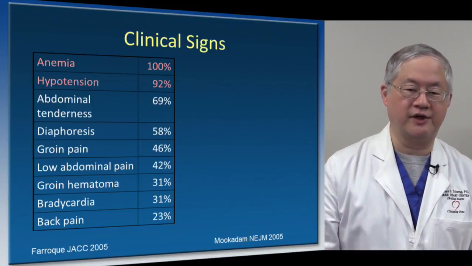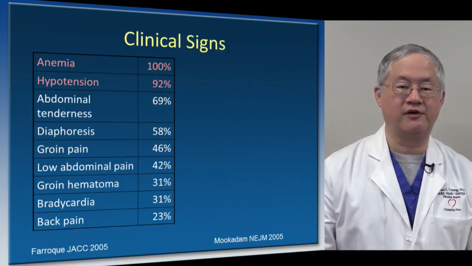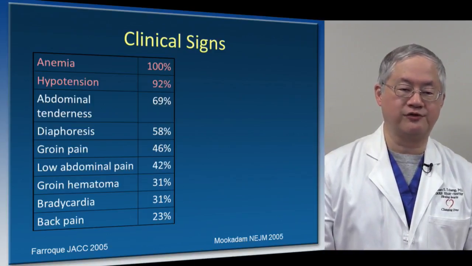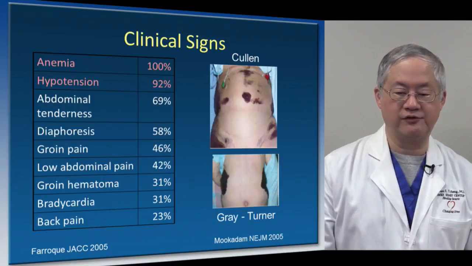I would like to tell you that the other signs, abdominal tenderness, diaphoresis, etc., are also useful, but unfortunately they're not particularly specific. So you really do need to have your ears open for that call that suggests that the patient is hypotensive. There are some signs that you can look for.